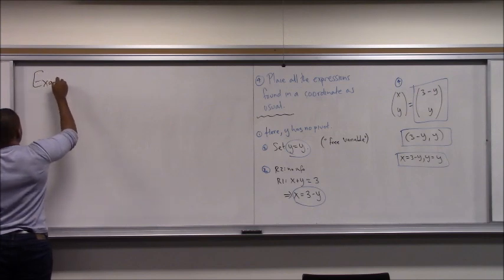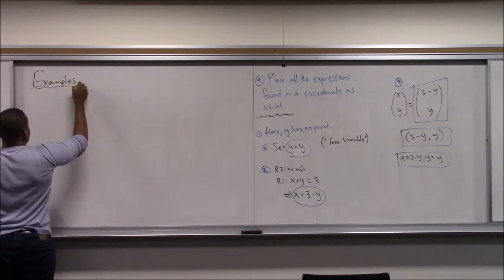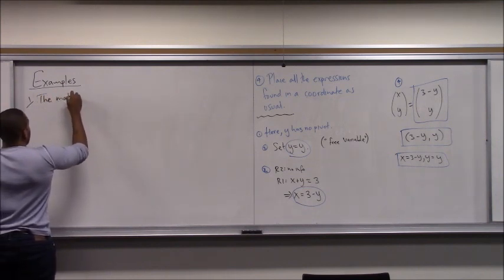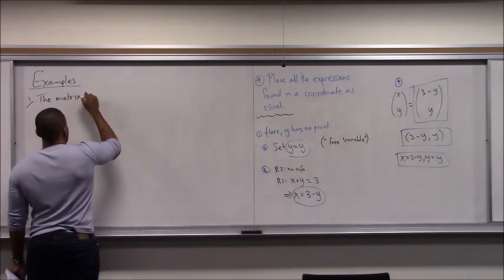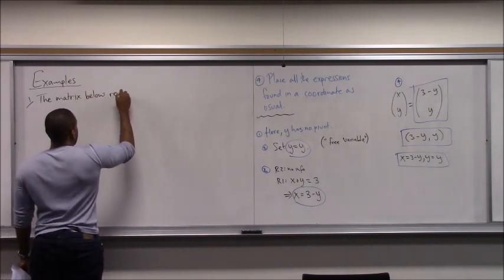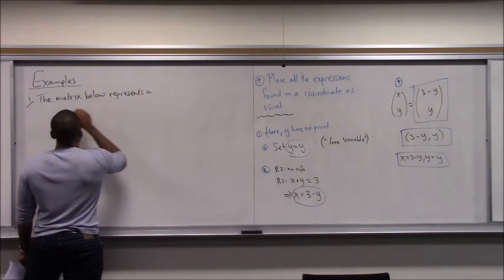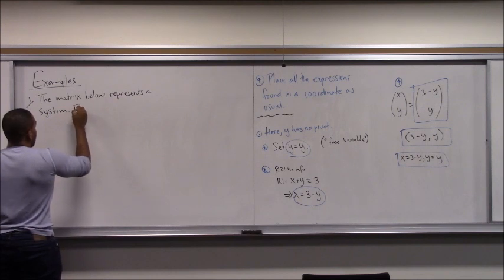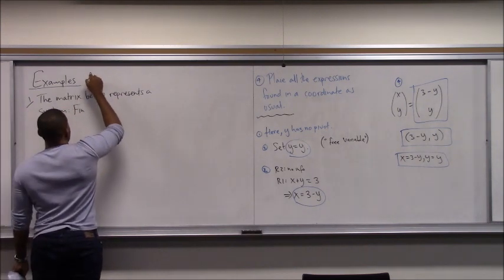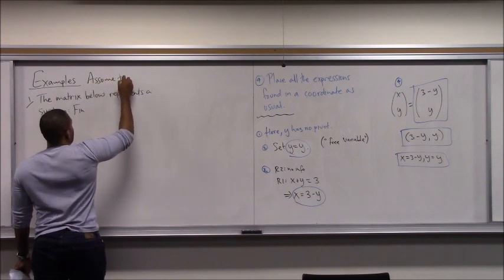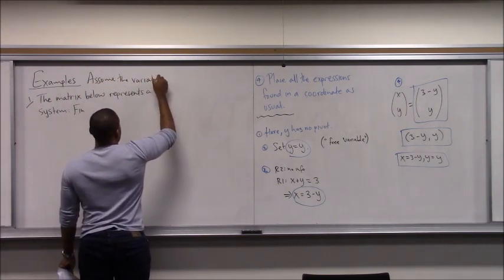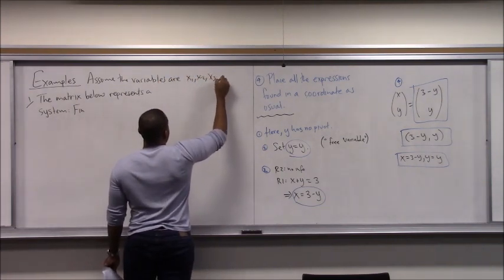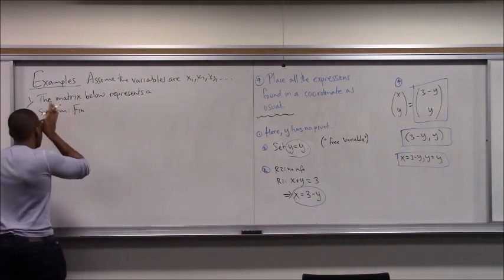Examples. Let's do one. From here, assume the variables are x1, comma, x2, comma, x3, comma, for any amount that you need.